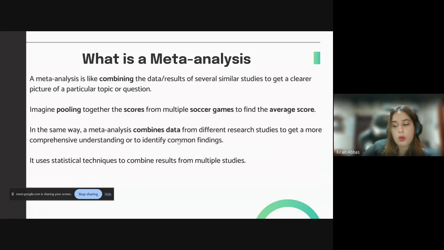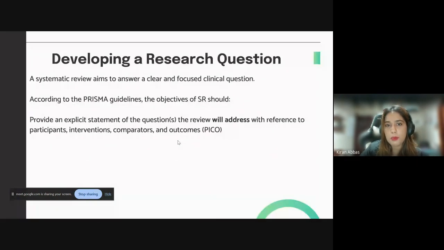So moving on to the next topic, we have how to develop a research question for a systematic review, right? As I said, systematic reviews have a very clear and very explicit question that they're trying to answer, right?